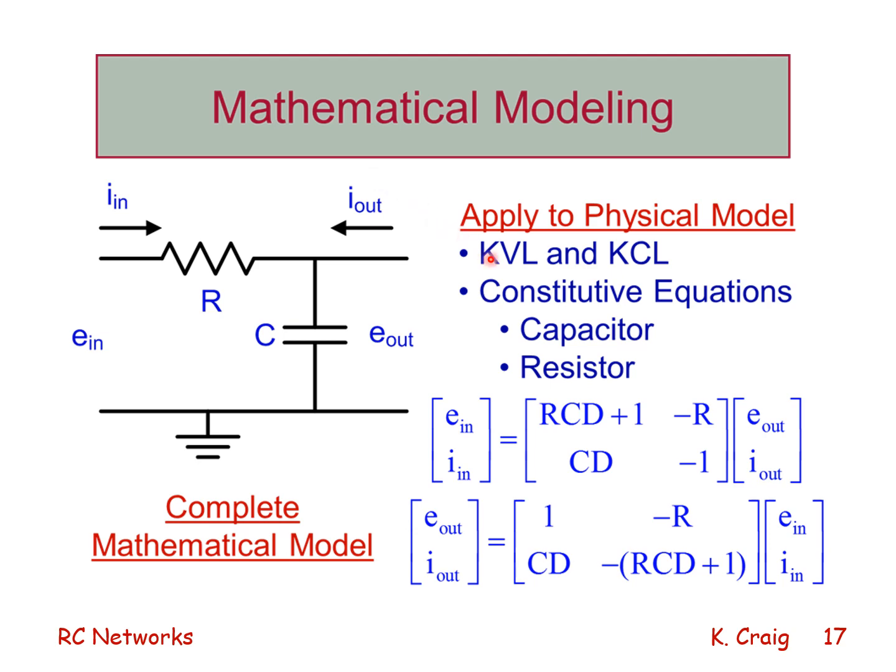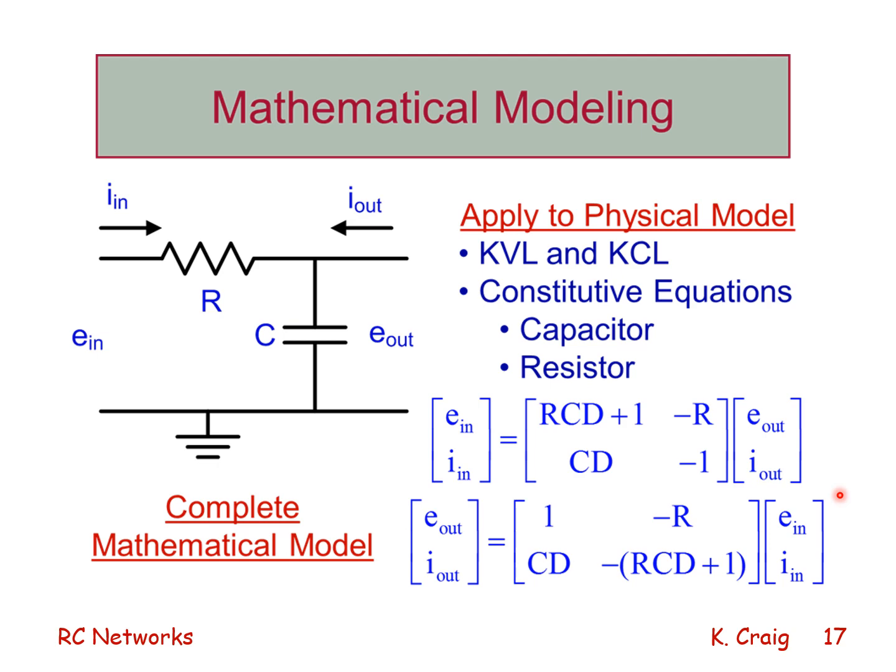If I apply Kirchhoff's voltage law and Kirchhoff's current law, along with the constitutive equations for the capacitor and resistor, I can get this matrix representation, where D is the differential operator. And what this says is that E in equals RCD plus 1 times E out minus R times I out. I in equals CD times E out minus 1 times I out.